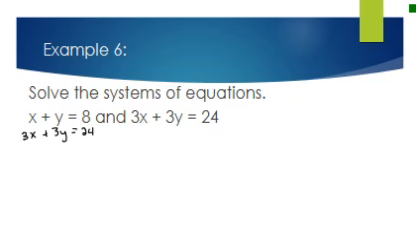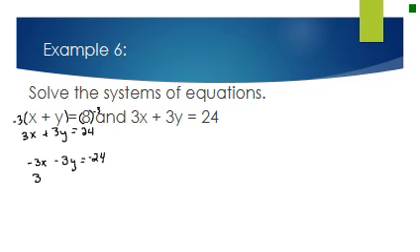Well, to eliminate the x, we would need the x to be a negative 3x, because on the other equation we have a positive 3x. So let's go ahead and do that. If we multiply this by negative 3, that would give us a negative 3x. So it gives us negative 3x minus 3y equals negative 24.